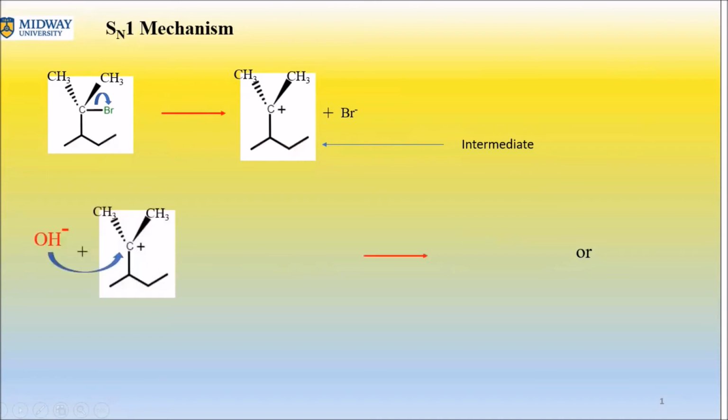Now the carbocation reacts with the nucleophile. This is the transition state. It could attack from the same side where the Br left, or it could attack from the opposite side like in SN2. This is called a backside attack.